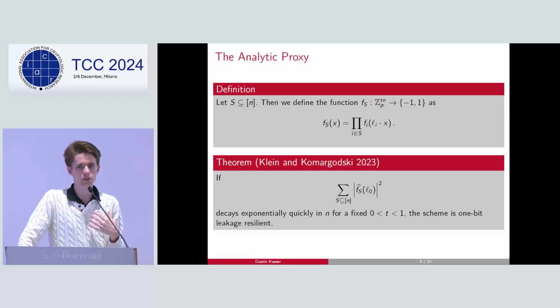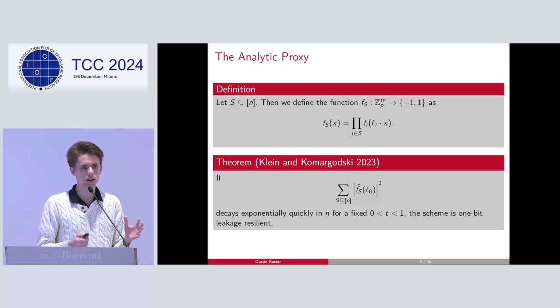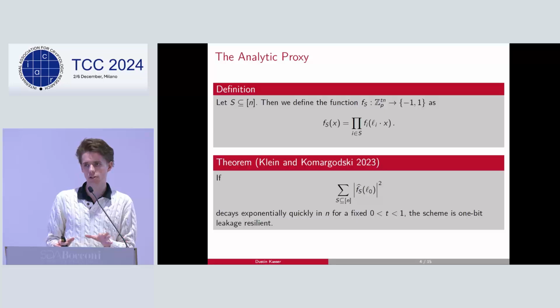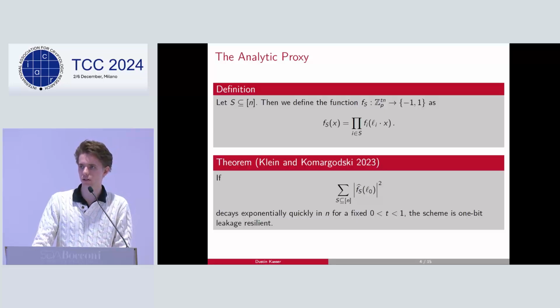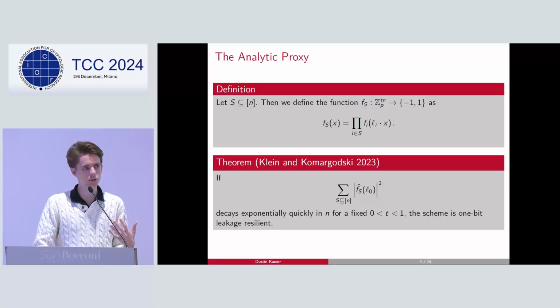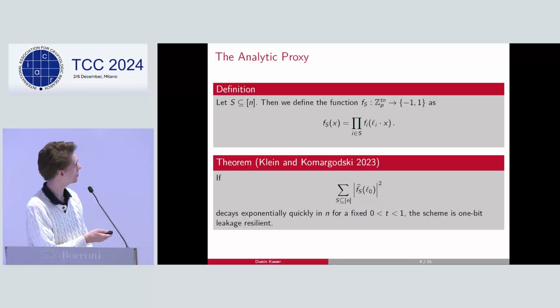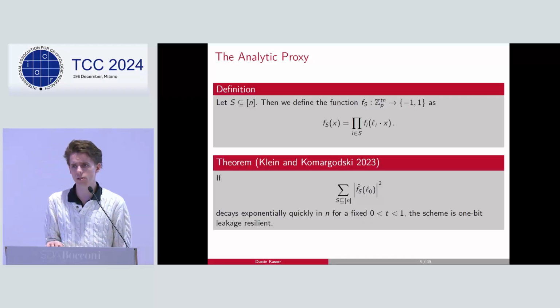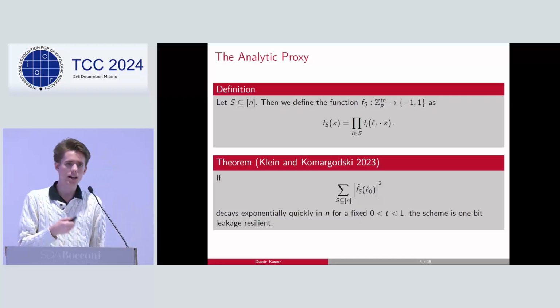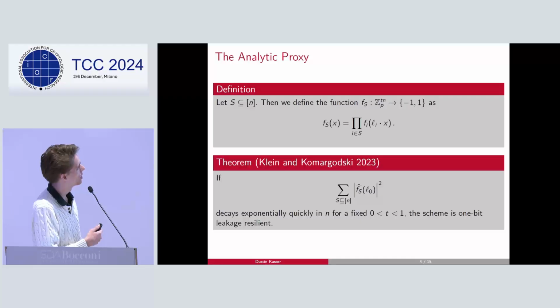So if you're the adversary, you want to construct these functions where you can find some kind of structure that you can exploit to get information. So this Fourier transform is really a measure of the structure of each of these F_S objects, which corresponds with the amount of information gathered. As a result, it makes sense to directly try and bound how big these F_S objects can be. How much structure can they have?